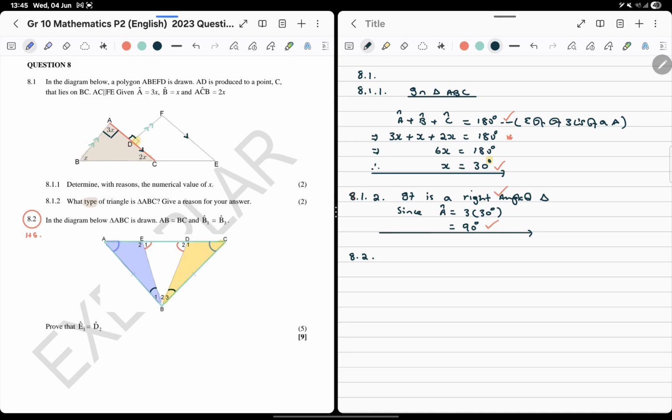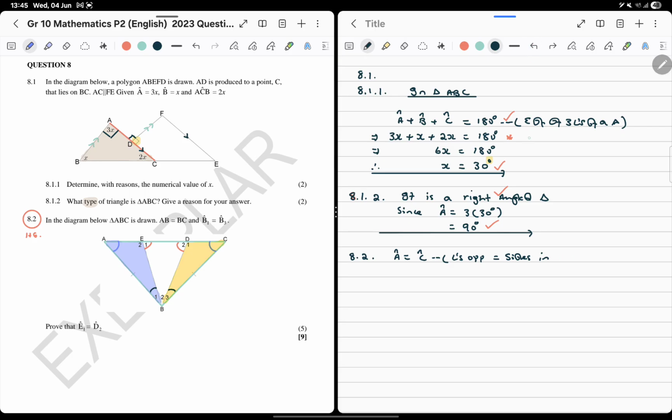So we'll start by saying, well, we understand that angle A is equal to angle C. These are angles opposite equal sides in triangle, or equal sides.